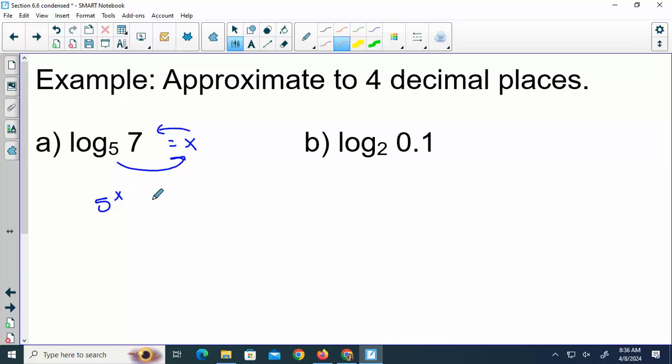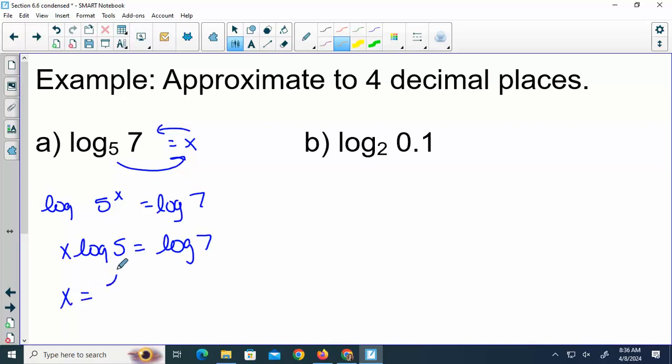And say, okay, 5 to the x equals 7. Then what would you do? Add our log. So you have x log 5 equals log 7. So x is log 7 divided by log 5. And now it's to the point where everybody, no matter which calculator you have, you can type in log 7 divided by log 5. You get 1.2091.